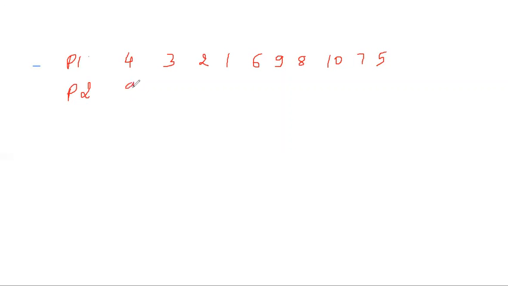So then we have P2, which is... so to implement this next method, which is called partially matched or partially overlapped, whatever you can say.